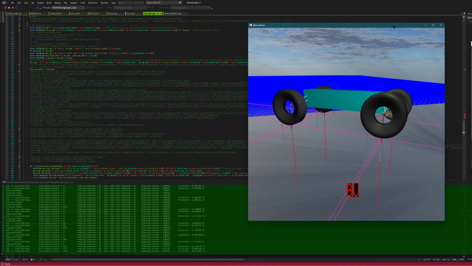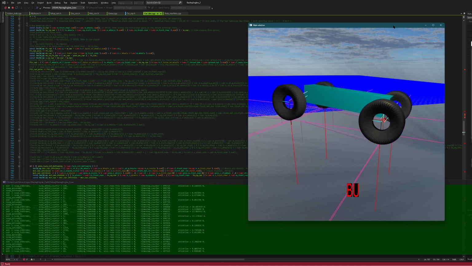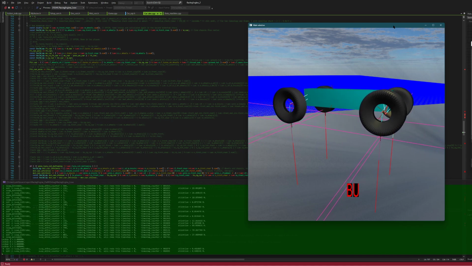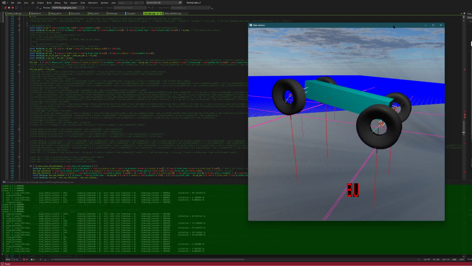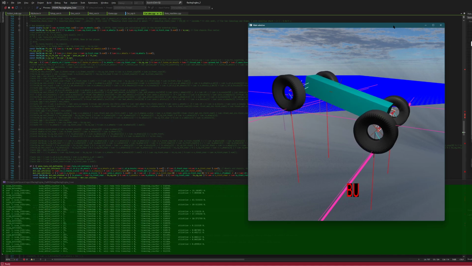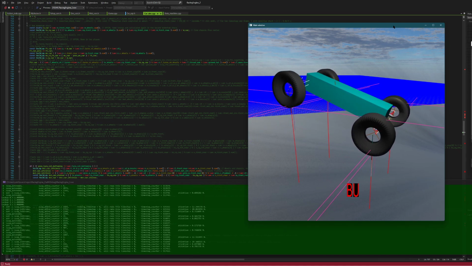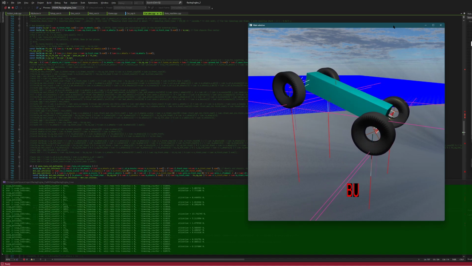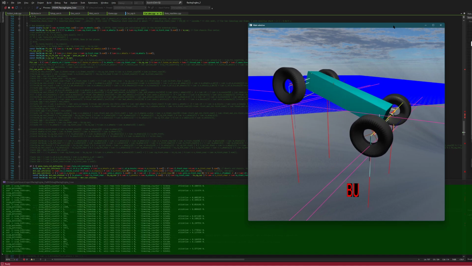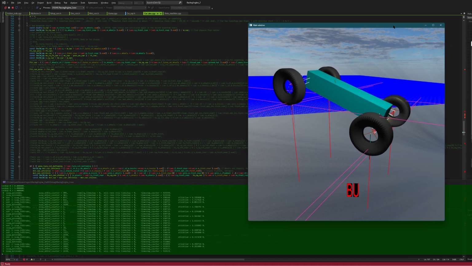So if you mount the engine cross-axis or along the axis, the car will behave differently. Right. And if I hit the brakes and give gas, you can see that the soft chassis is flexing because it's soft and I am simulating chassis flex.